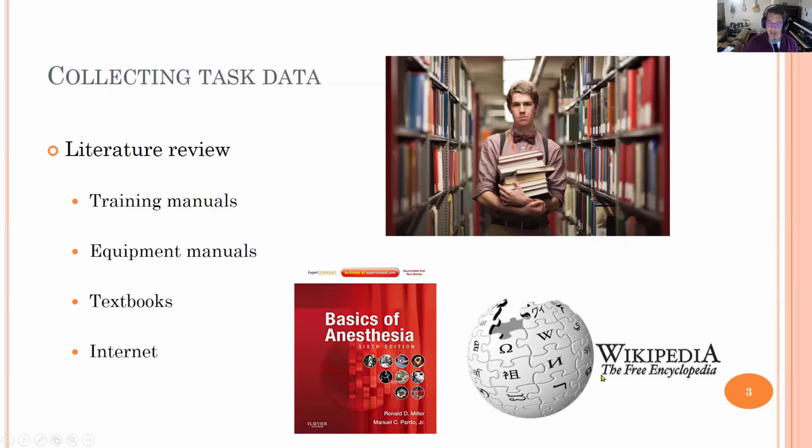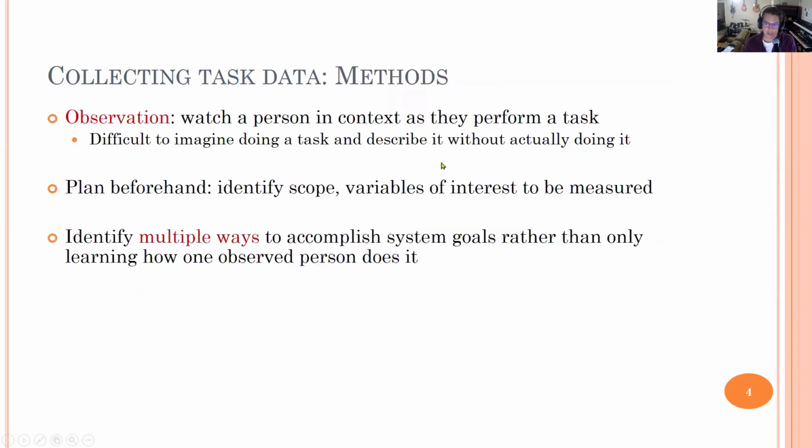It will never be acceptable to cite Wikipedia as a scientific source for this class, but it's a great place to go to find reliable scientific sources, and to get an overview of what they're stating. But don't cite Wikipedia. You can go to the citations at the end of the Wikipedia article, find those sources yourself, verify that they make your point, and then you can cite those. All right, so yeah, we're going to do our background search. We're going to look for how people do these things.